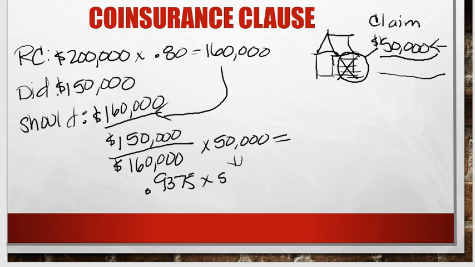I'll just bring that down, $50,000. And with my calculator, I will determine that 0.9375 times $50,000 comes out to $46,875.